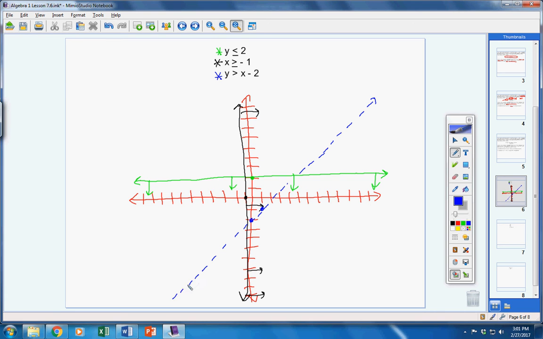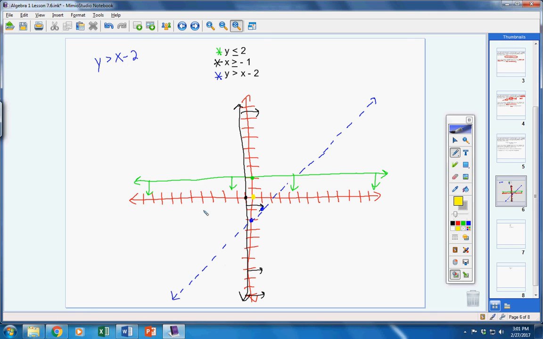That's the only difference. Okay, now, when you have just one letter, like here, it's easy to know where to shade. But here, when we have 2 variables, we have to test the point to know where to shade. My favorite point to test is 0, 0.